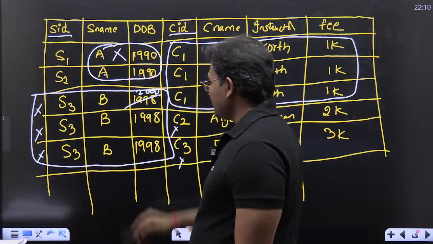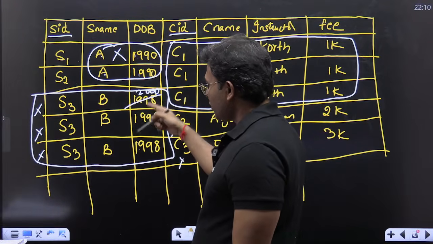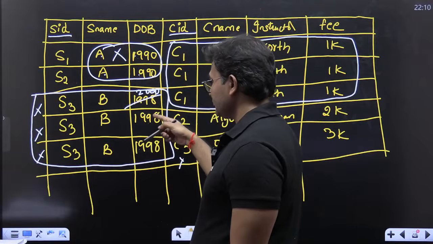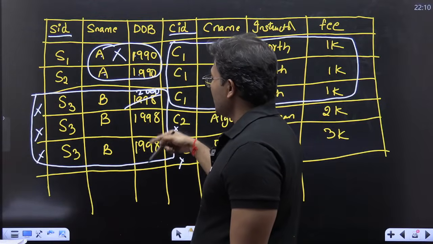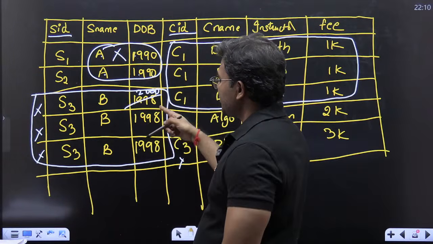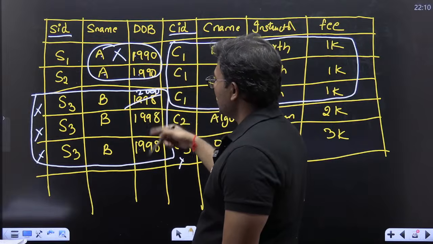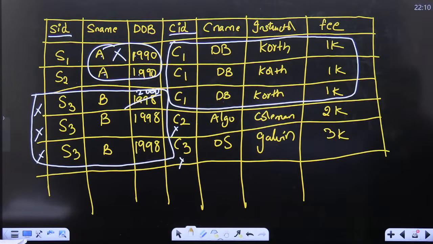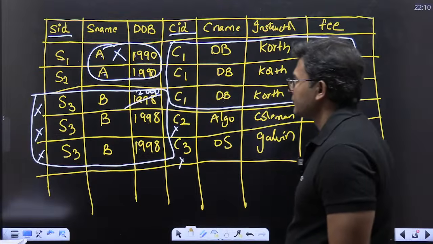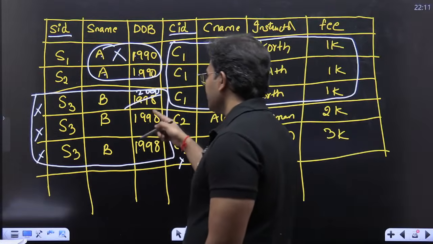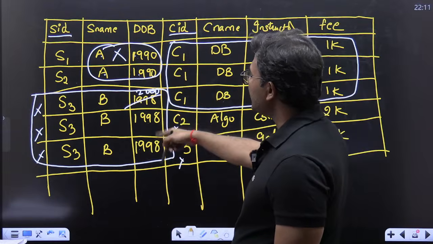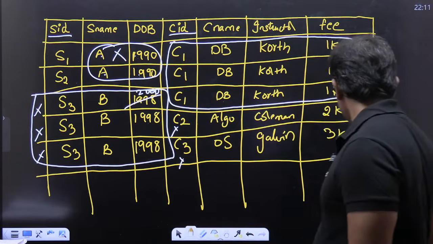Now the problem is that student number S3 is at multiple places. His date of birth is present at multiple places. So that may lead to update anomaly.